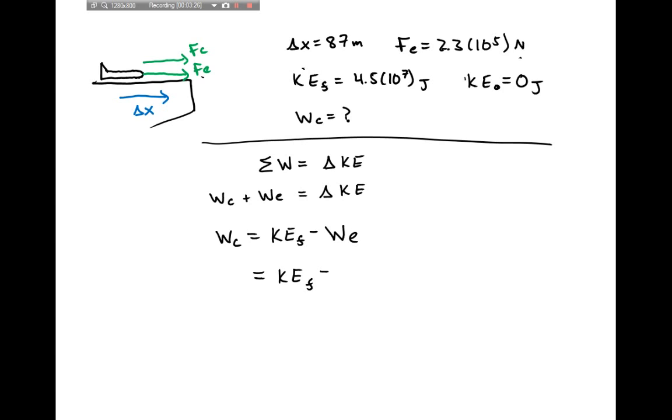So the work that's done by the engine is the force exerted by the engine times the displacement of the jet. So if I plug all these numbers into the calculator now, if I take the kinetic energy and subtract force times displacement, I see that the work that's done by the catapult is going to be equal to 2.50 times 10 to the 7 joules. So that's the work that's done by the catapult.